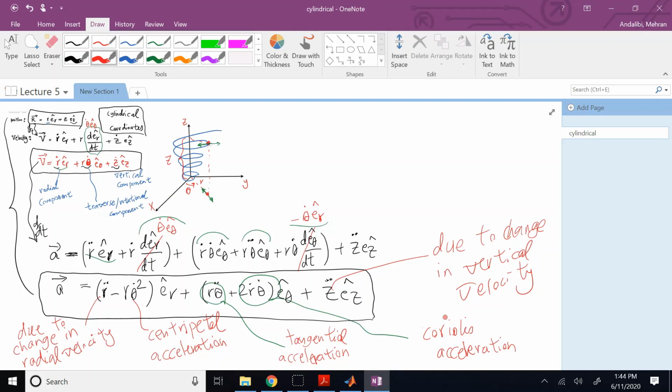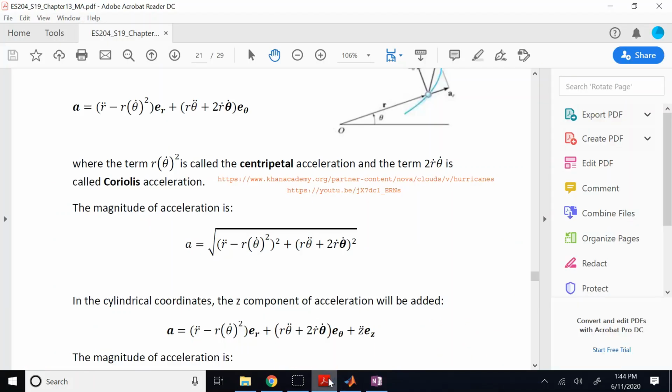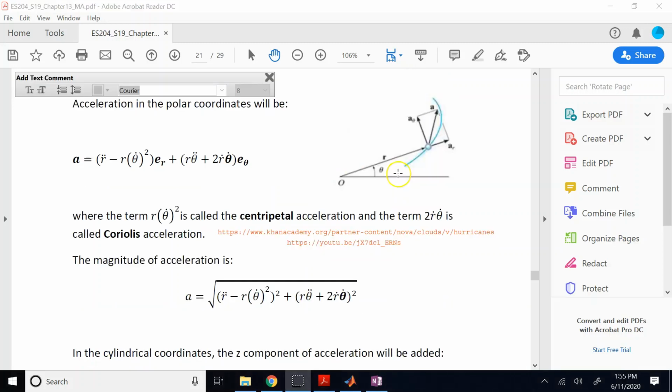Now, when would you see it in real life, and when would you see the effect of it? So let's take a look at some videos together. There are two good videos that I have provided links to in my lecture, and we're going to see them together.